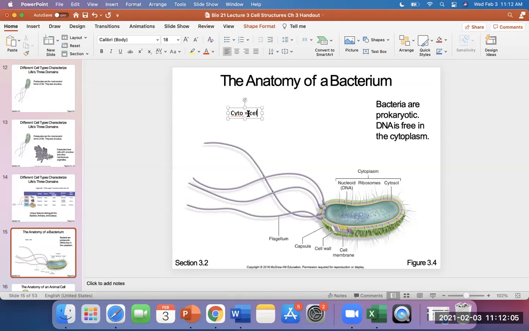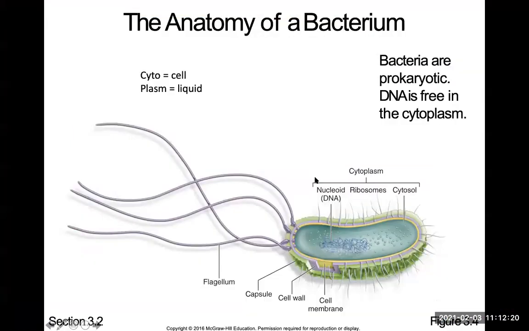If a person is a cytologist, they are studying cells. And then plasm means liquid. So cytoplasm: this is the cell, there's liquid inside, and the DNA is just floating around there. DNA is floating around and there's no nucleus.